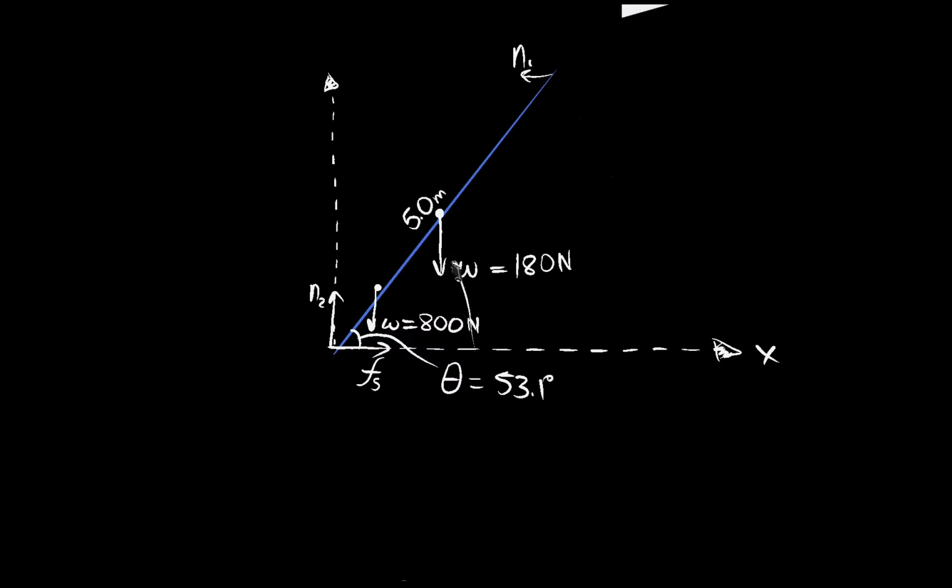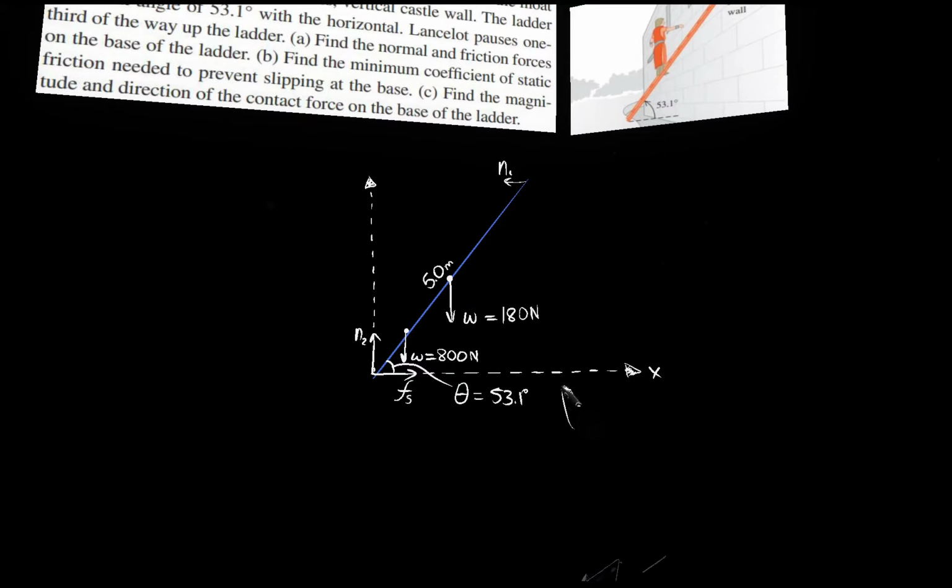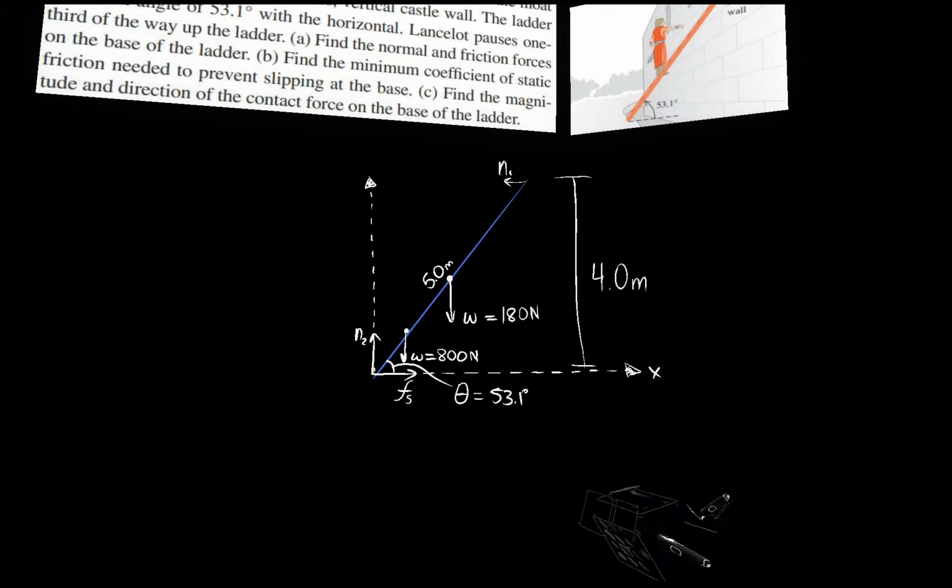And with the angle on that length, we can figure out how high up each of these forces acts. And I'll go ahead and write it out here. So the height from there all the way down to here, if you calculate, is 4 meters.